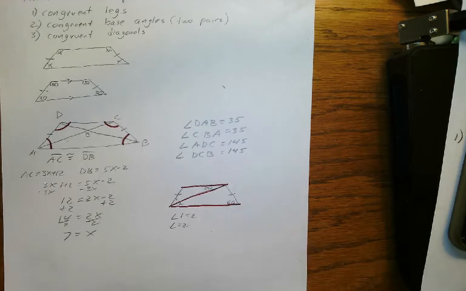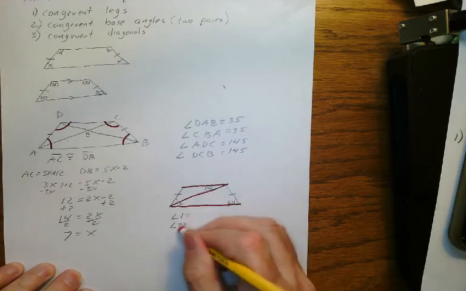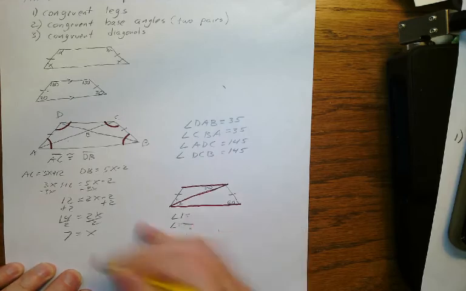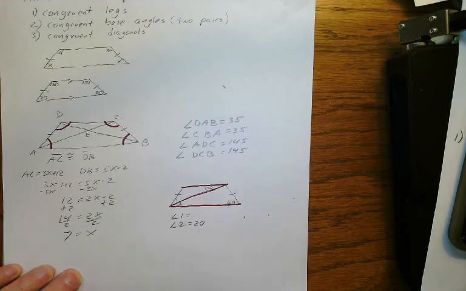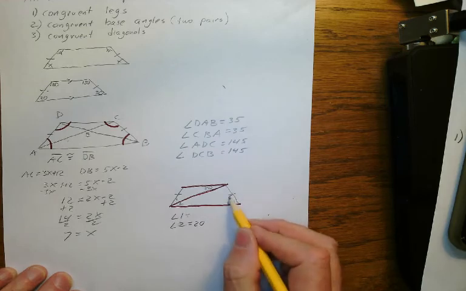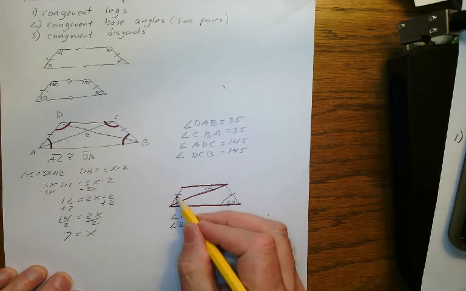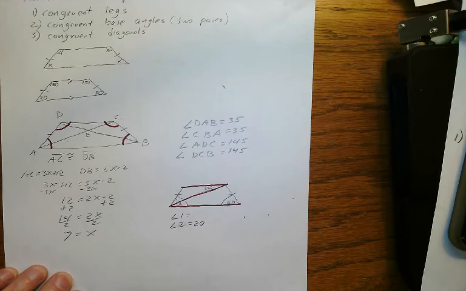That means, whoops, angle 1 and angle 2. I want to find angle 1 and angle 2. 20 equals angle 2, because they are alternate interior angles. They make the Z. Well, if this angle over here is 60, we know 1 and 2 together also have to add up to 60 because it's an isosceles trapezoid.